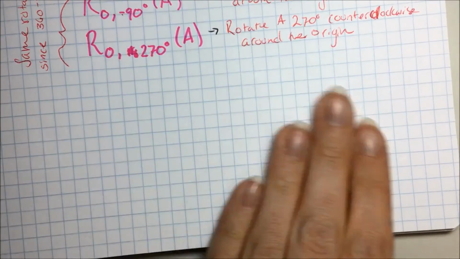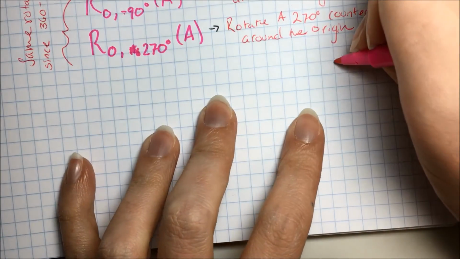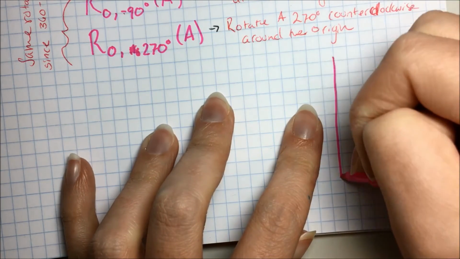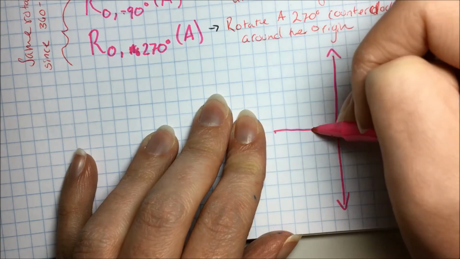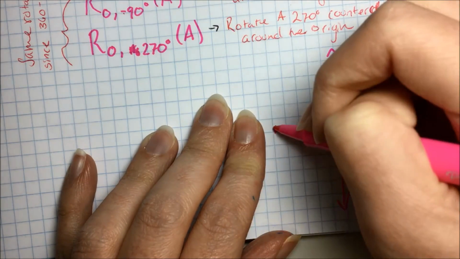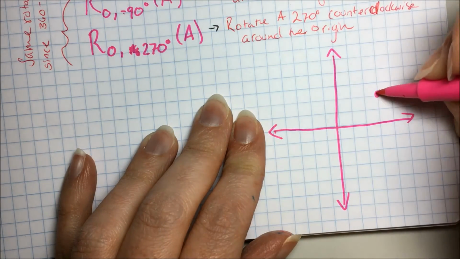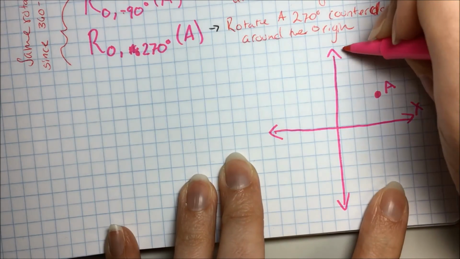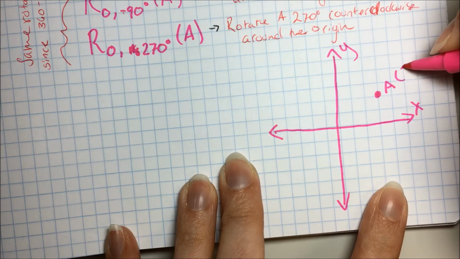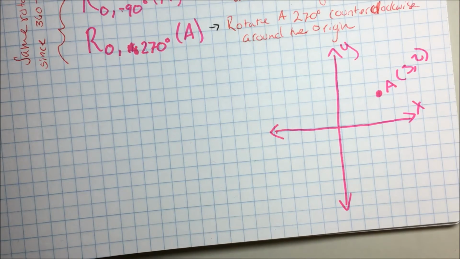I need about this much space to finish up. Okay, I'm going to start with A at 3, 2.